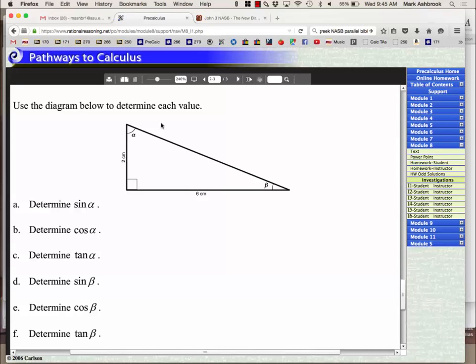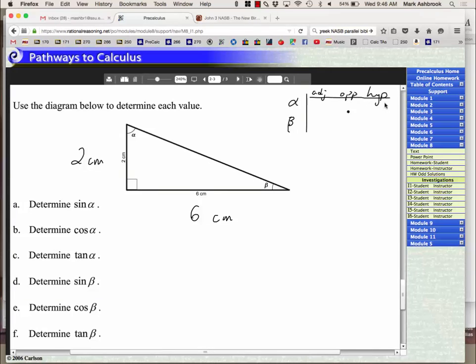So now, for this angle alpha, this is 6. So I want you to start by, for the angles beta and alpha, name the adjacent, the opposite, and the hypotenuse for each of those angles, because it's different.